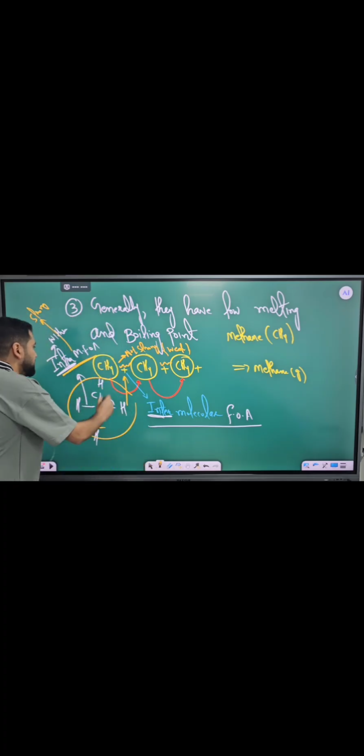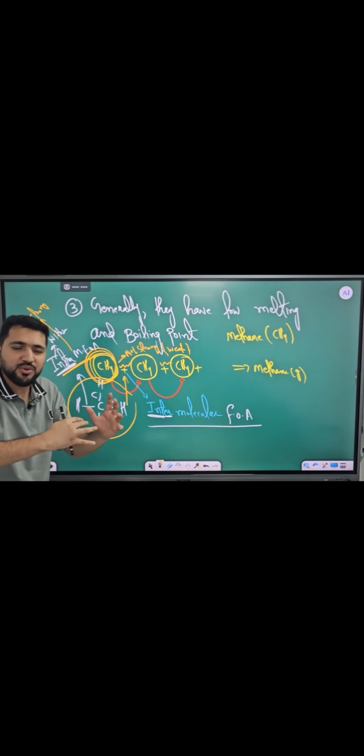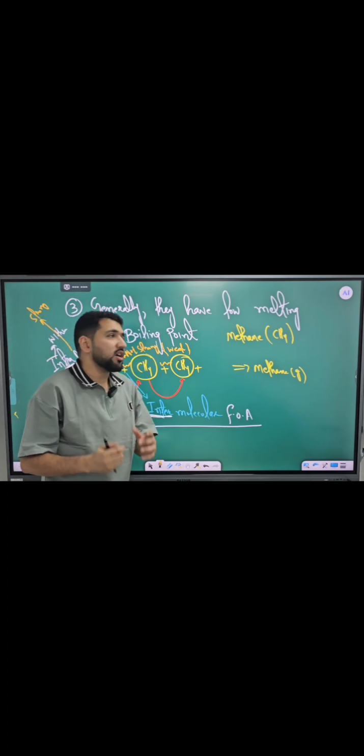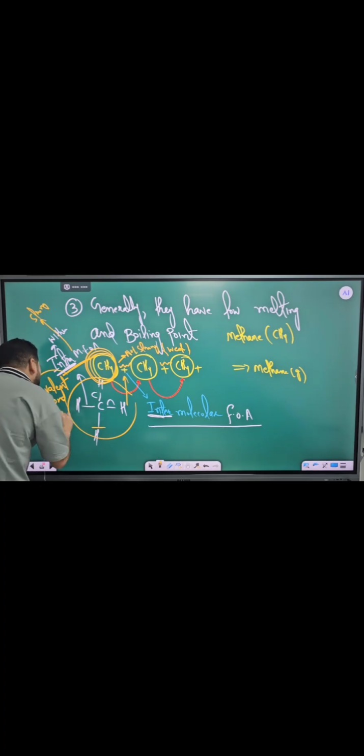But when it comes to the particular molecule, the bond between carbon and hydrogen is a strong bond. And guys, let me tell you, this bond is a covalent bond. Most of the students have confusion: sir, if covalent bond is strong, then why is there a low melting and boiling point?